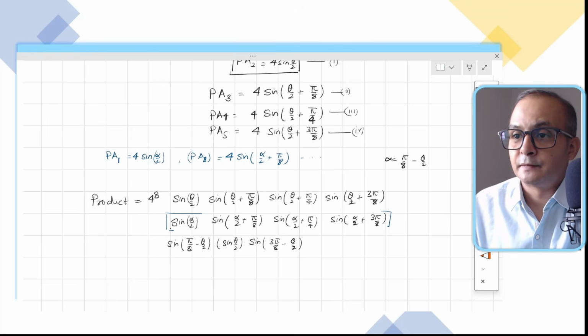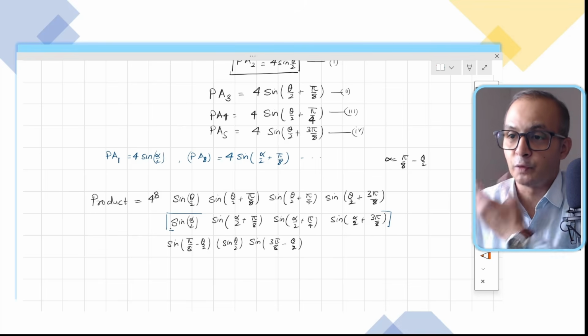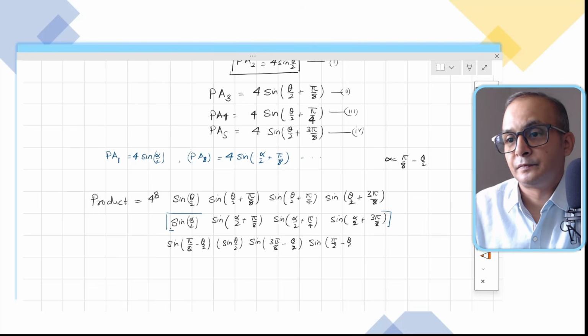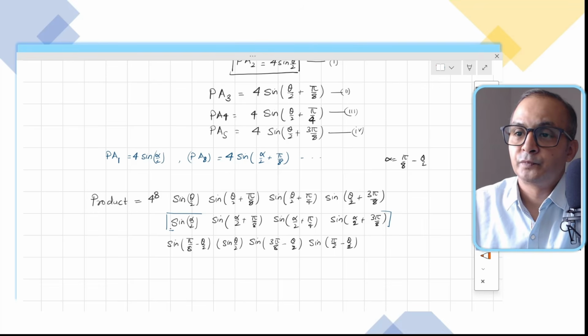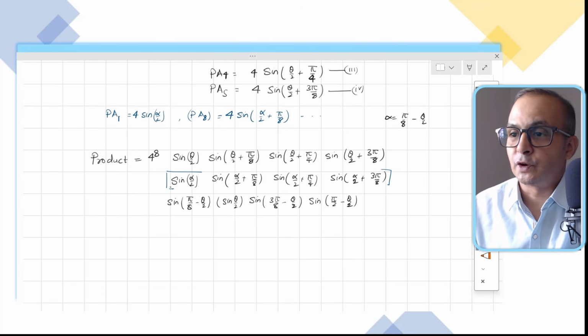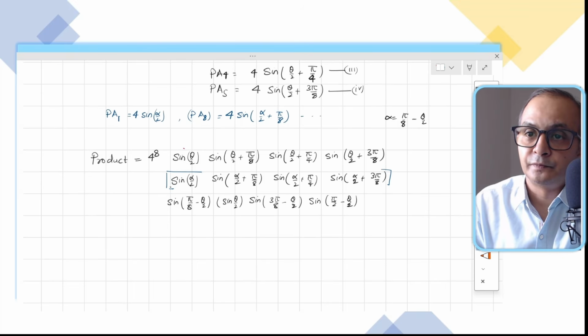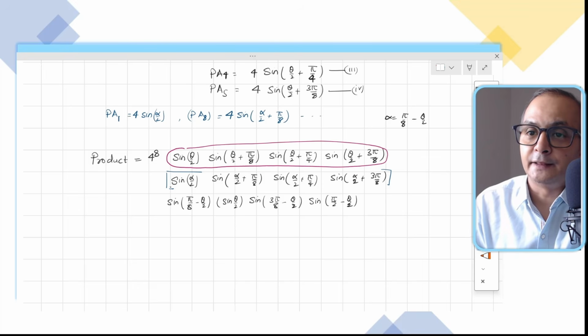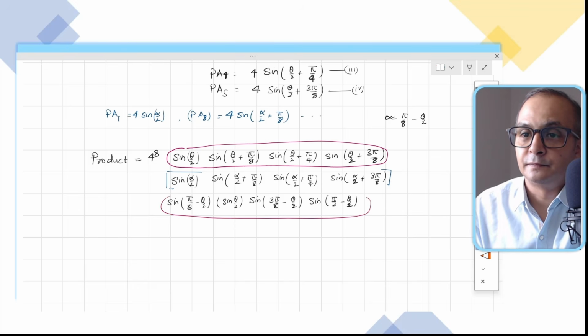And again here, pi by 8 plus 3 pi by 8 will become pi by 2 minus theta by 2. So sine of pi by 2 minus theta by 2. In this way, we have to club these values, these total up to here, and these total I have to club.